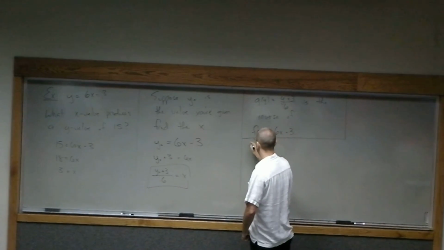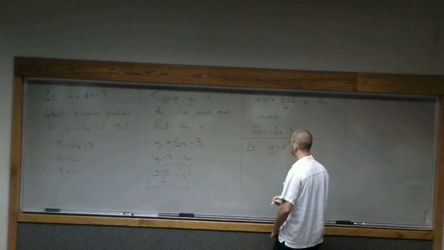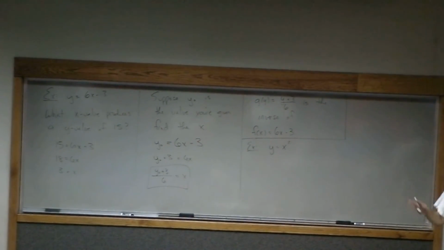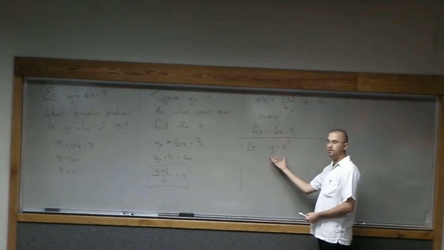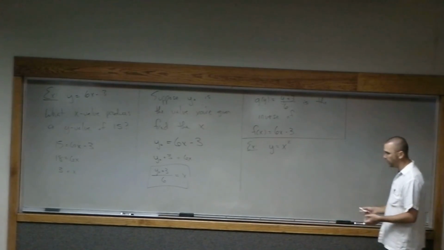Suppose we're given the function y equals x squared. I want to find a function that undoes this. Can I find a function that undoes this x squared thing? Well, let's think about what we're doing here.